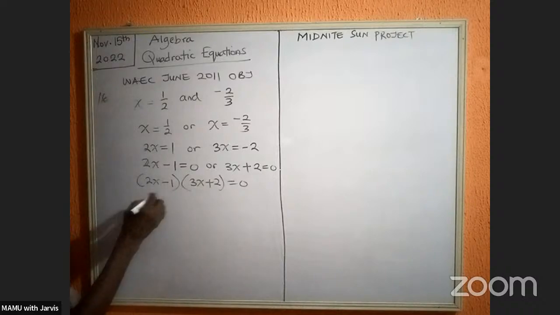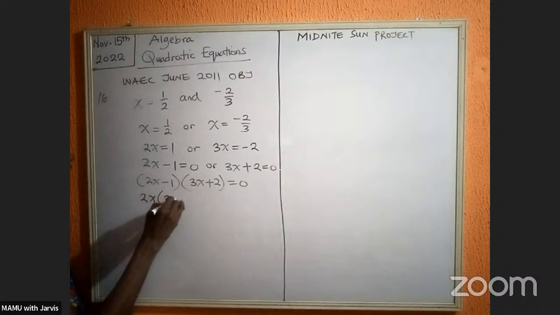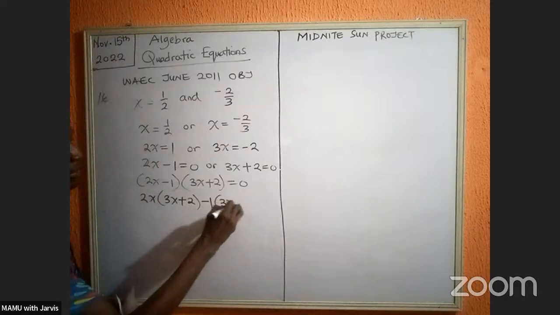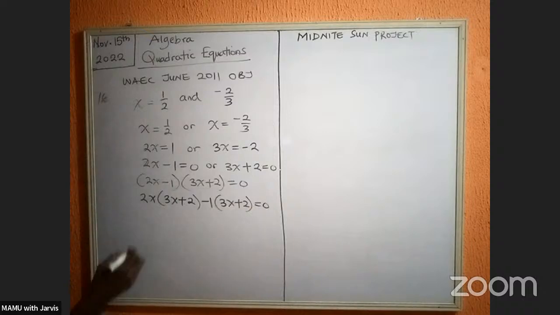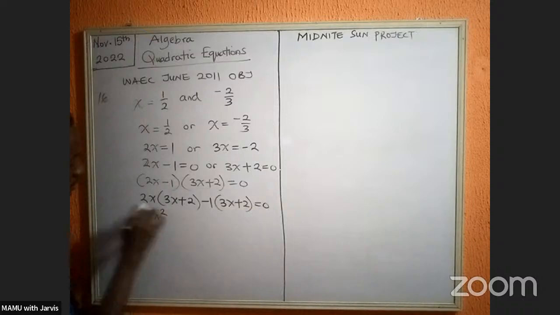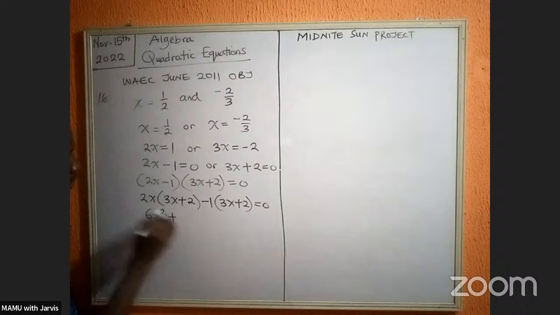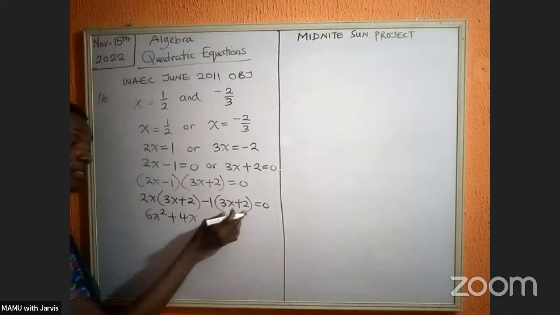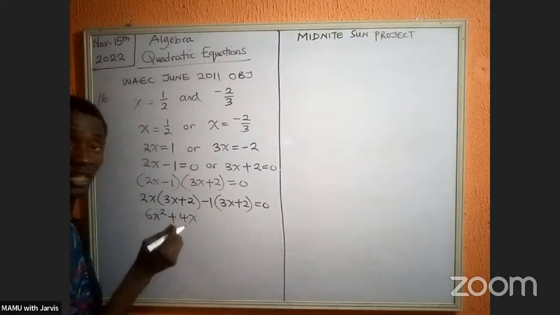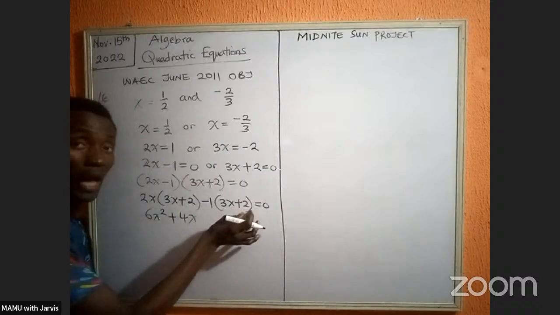So this will now be: 2x multiplies 3x plus 2, and -1 will multiply 3x plus 2, equal to 0. We can open this up. This becomes 6x squared plus 4x. Negative multiplies this, meaning every term here will turn negative because these terms are positive.